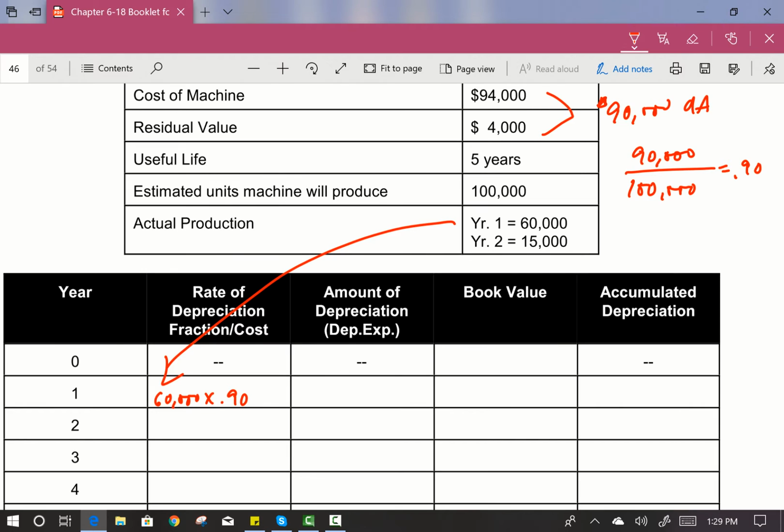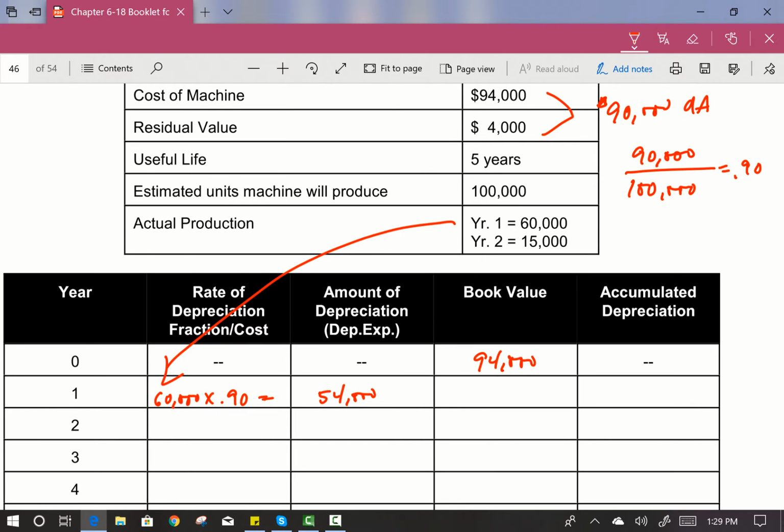And that equals the depreciation expense for the first year of $54,000. Get the zeros right. Oh, and my book value is the cost of the asset, which is $94,000.